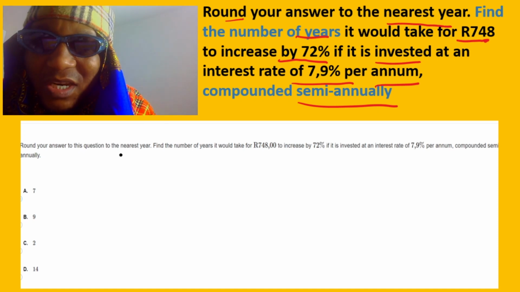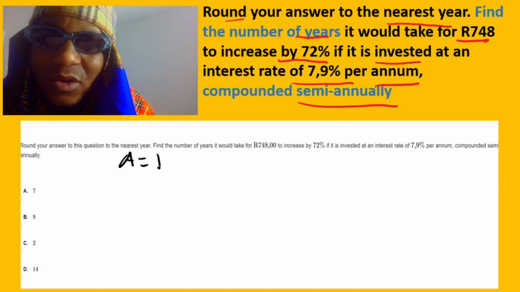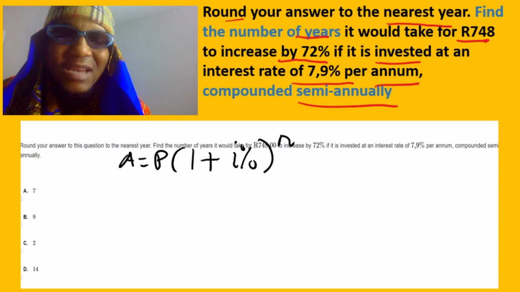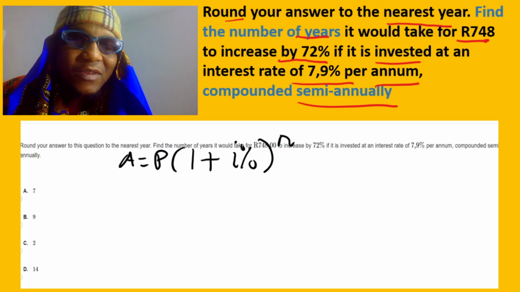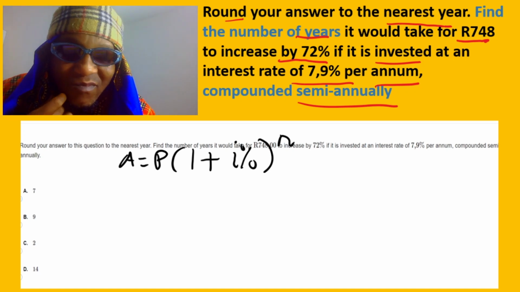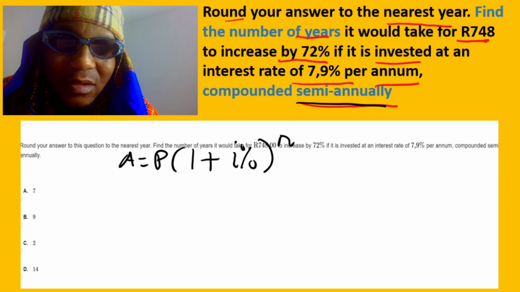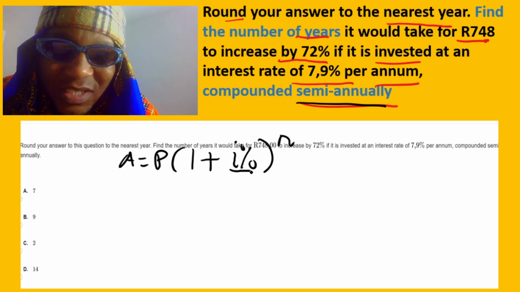The formula of compound interest says amount equals principal times 1 plus your interest rate, raised to the power n. N is the number of years. But remember, in any compound interest, if it's semi-annual, it means you must divide your interest rate by 2.